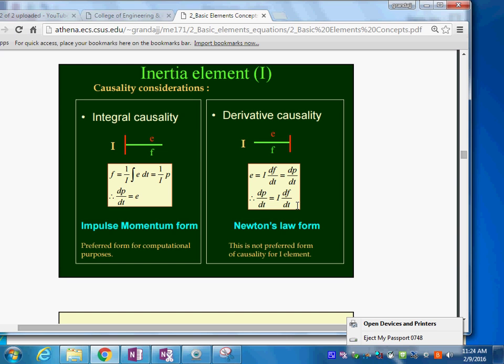That doesn't mean there's something wrong with the derivative form. It's just easier. Normal systems have integral form. It's only when we do some weird connection that the derivative form comes up. So that's the constitutive relationship in here, one for the integral form and one for the derivative form.